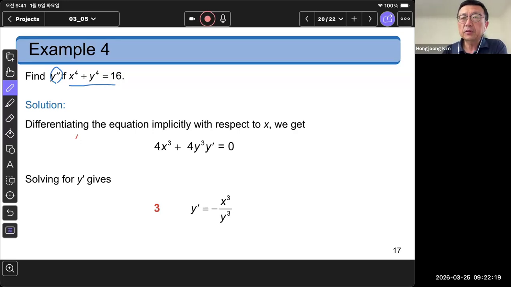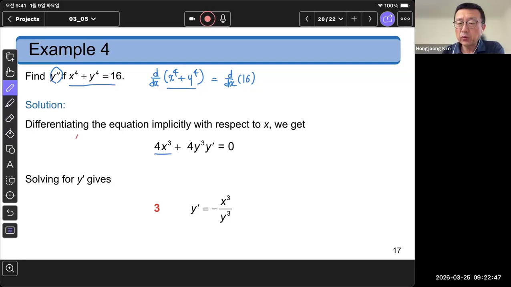Okay, given this implicit relation, if I differentiate both sides with respect to x, the left hand side, x to the fourth plus y to the fourth, equals the derivative of 16. From the left hand side, if I differentiate x to the fourth, then you get 4x cubed.